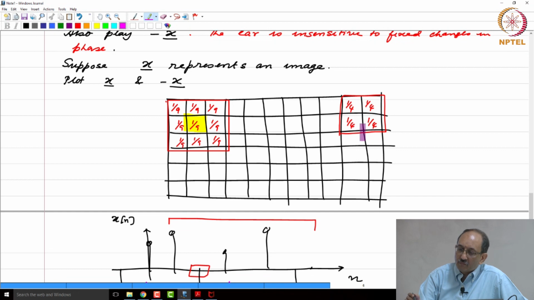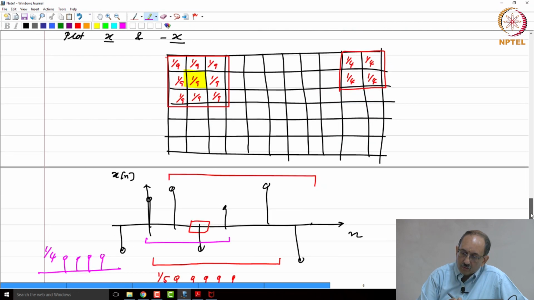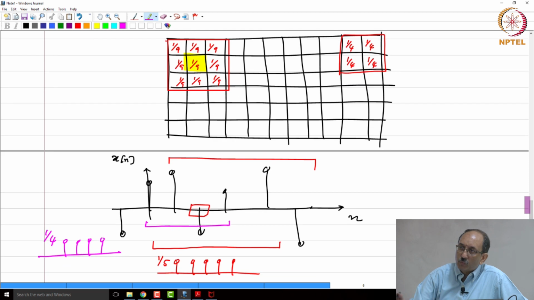All right. Therefore, two things are important for image processing. One, all these 2D filters have to be exactly linear phase, otherwise they will cause significant distortion. Second, you do not want to introduce half sample delay in these applications, which means the filters that you choose have to necessarily be an N by N mask where N is always odd.